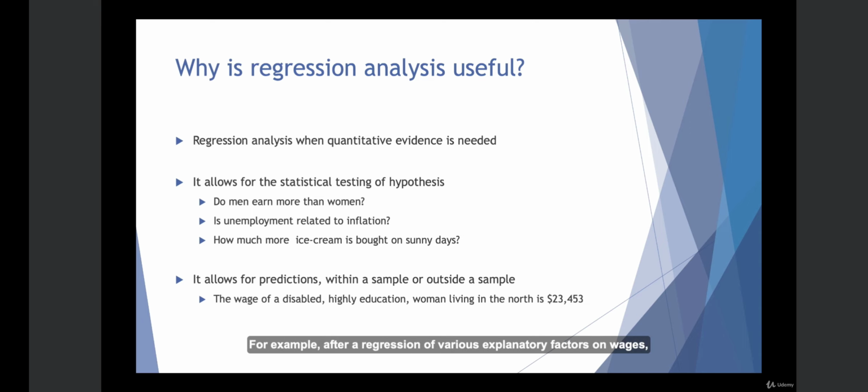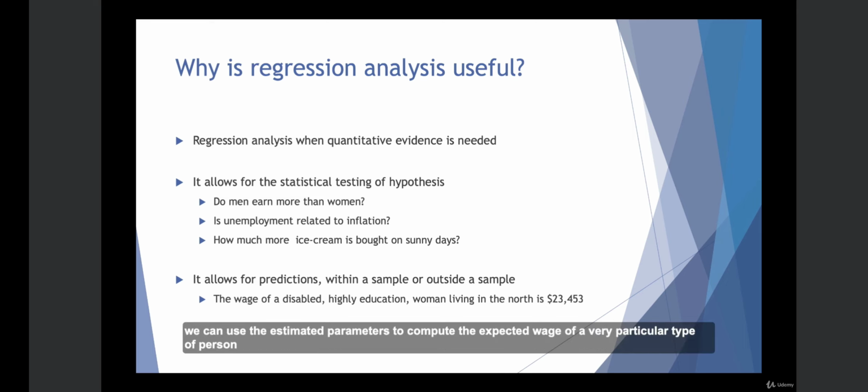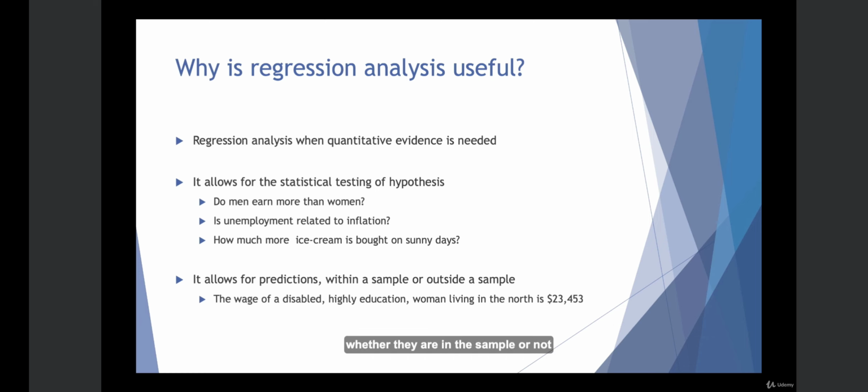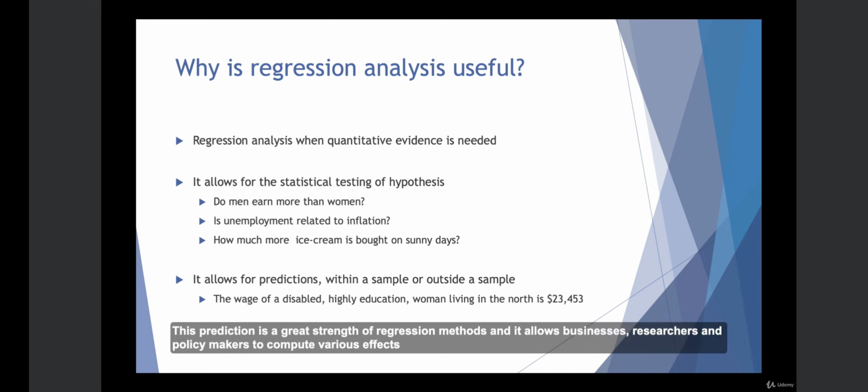For example, after a regression of various explanatory factors on wages, we can use the estimated parameters to compute the expected wage of a very particular type of person, whether they are in the sample or not. This prediction is a great strength of regression methods, and it allows businesses, researchers, and policymakers to compute various effects.